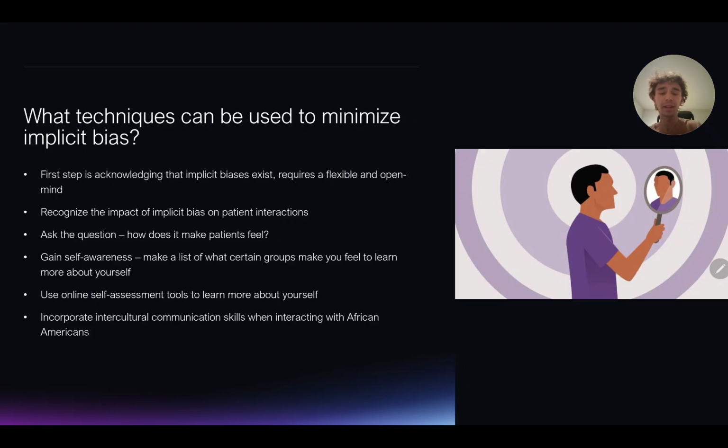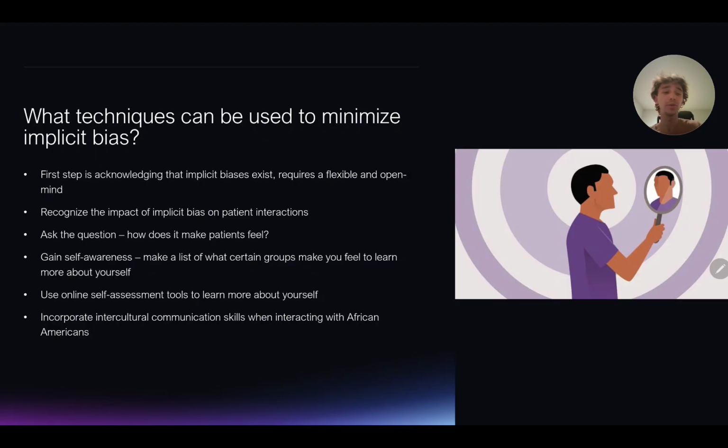So ultimately what then needs to happen is we need to gain self-awareness. So making a list of what certain groups make you feel to learn more about yourselves, because when we interact with certain groups, it evokes certain feelings based on those implicit biases. So we need to observe our own feelings and gain conscious awareness of how interacting with different groups makes us feel.